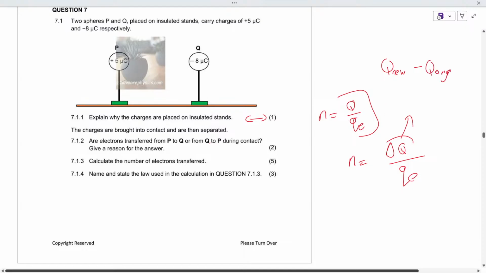The one that you mentioned is the Q new, which is Q equals Q plus Q P over 2. So this is the Q new minus Q original, or you can put it the other way around, Q original plus Q new. It's up to you. So now you first have to find the new Q using this formula.